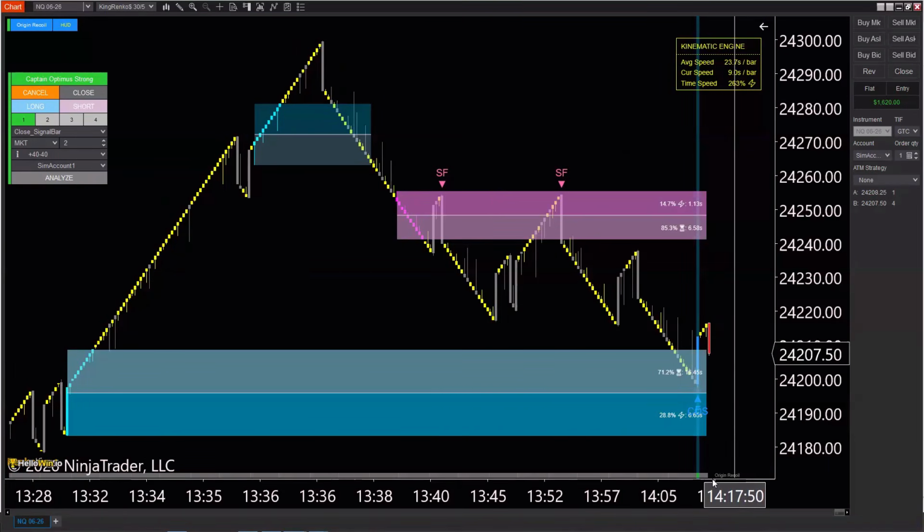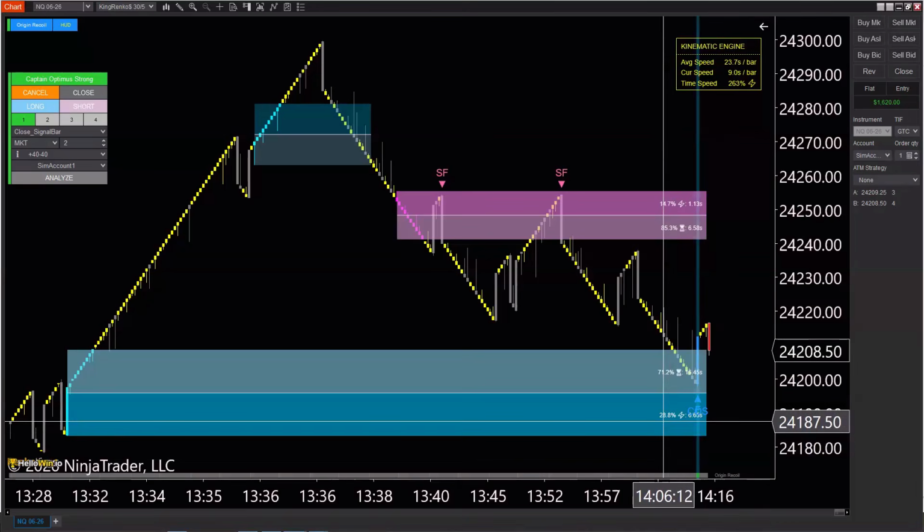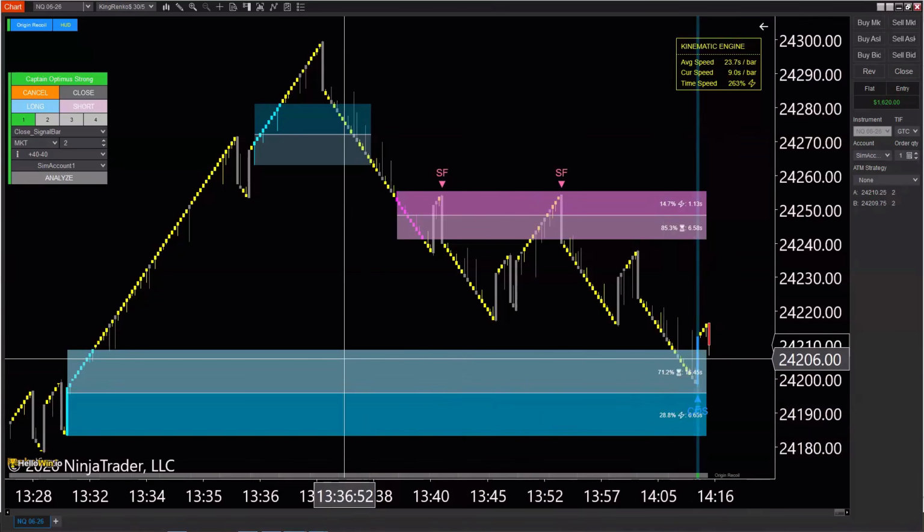Here we are again. So these are the basic components and purpose of this indicator. Not so much support resistance as much as speed, right? Momentum. That's what this indicator is all about.